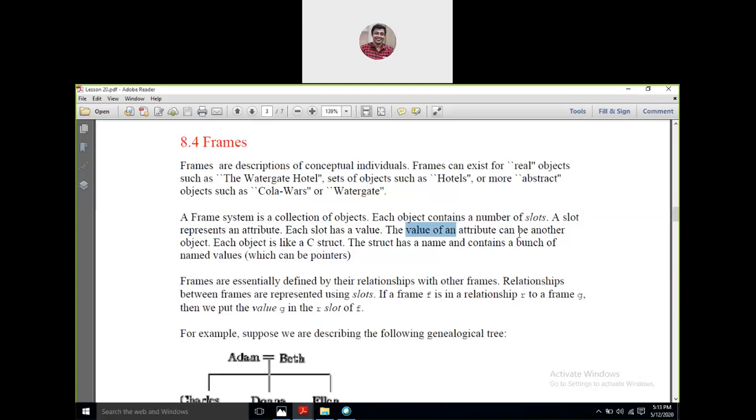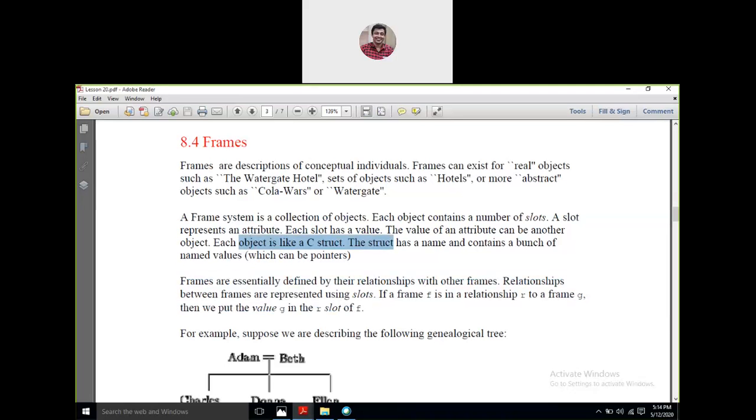So if I am classifying or structuring any real-time object in the form of a conceptual individual, then I call it a frame. So am I going to put up a frame for an object? Yes, I'm going to put up a frame for an object. Then the value of an attribute can be another object. This thing becomes very clear here. They have given a small example of the structure descriptions for the C language.